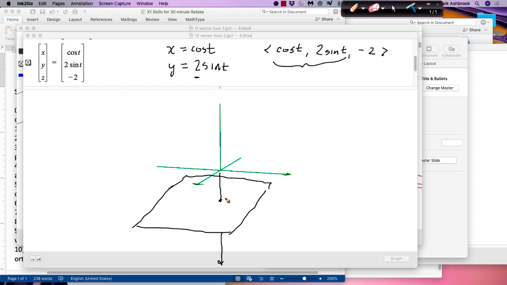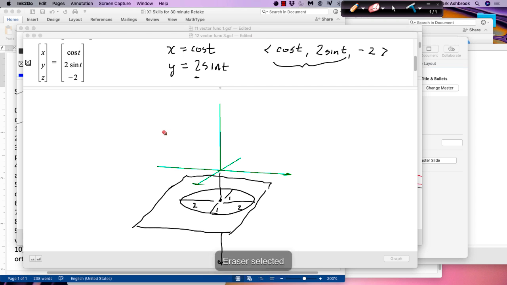So the radius in the x direction is 1. Radius in the y direction is 2. There's your ellipse. And where does it live? Z equals negative 2. All right, let's do it.